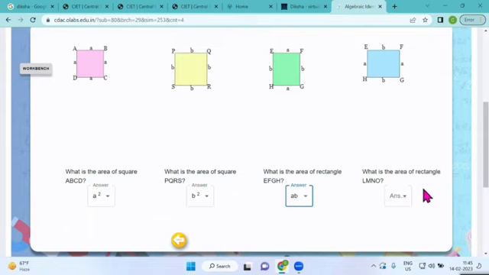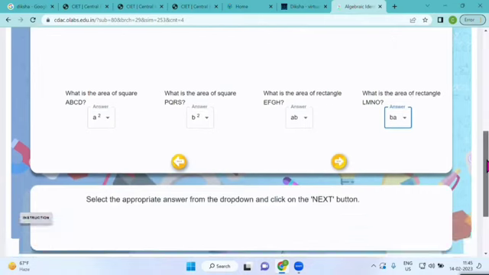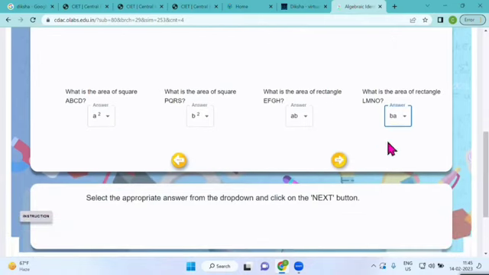And the fourth one, the area of rectangle LMNO: now we have length B units and breadth A units, so the area is B into A, which is BA. Here we have four figures, and now we are combining all four figures in one square whose area will be a plus b whole square. Select the appropriate answer from the drop down and click on the next button.